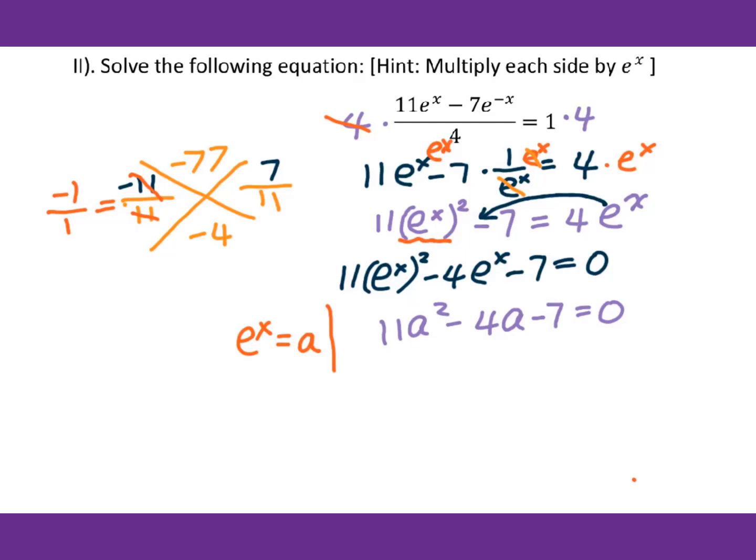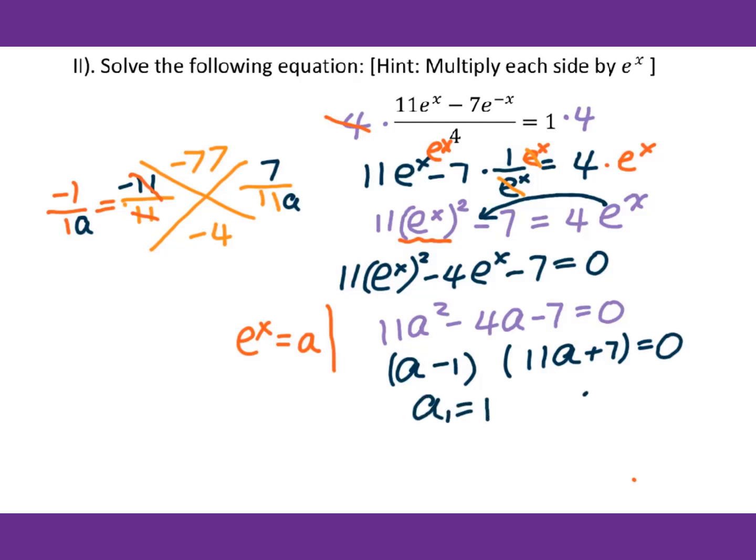Therefore, we factor: a minus 1 times 11a plus 7 equal to 0. So we get a1 equals 1 and a2 equals negative 7 over 11.